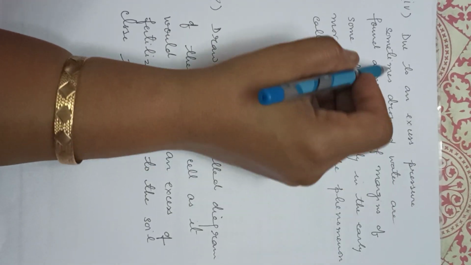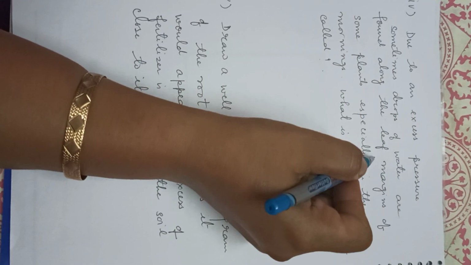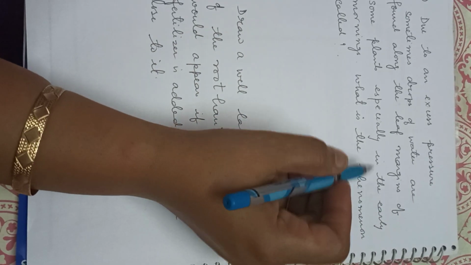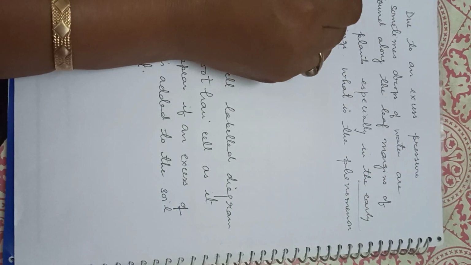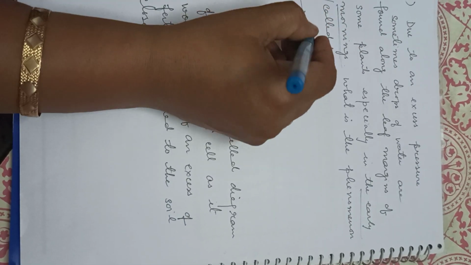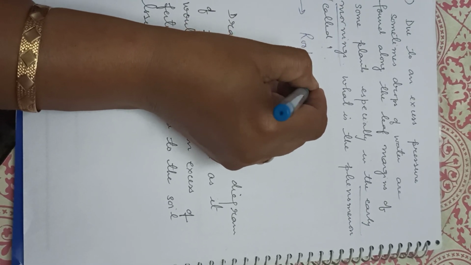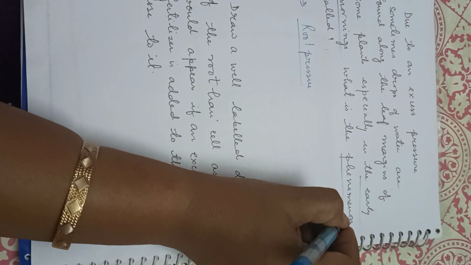Due to an excess pressure, sometimes drops of water are found along the leaf margin of some plants, especially in the early morning. So the term is given. This is the specific term. In early morning, the reason is root pressure. But the question is asking what is the phenomenon called.